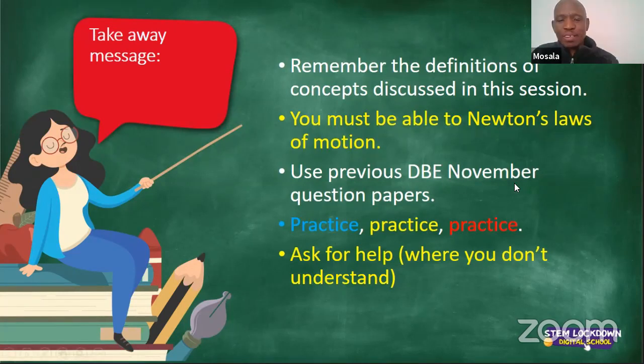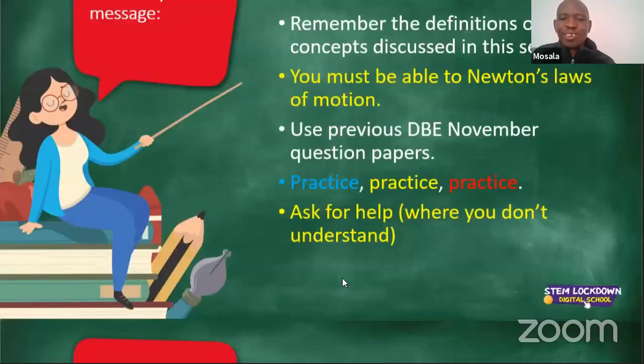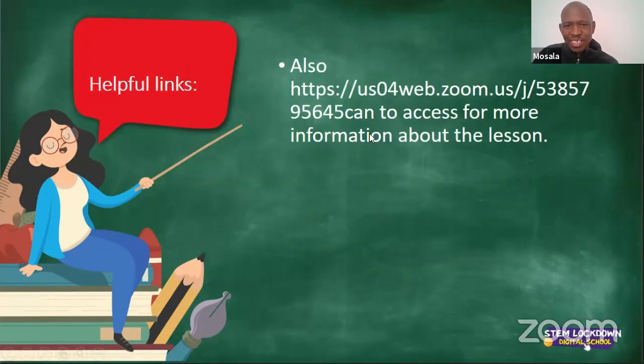You must use previous DBE question papers and papers from other sources to practice, and if ever you are stuck, please post some questions so that we can assist you. And remember, you can also get some other sources from this particular link.